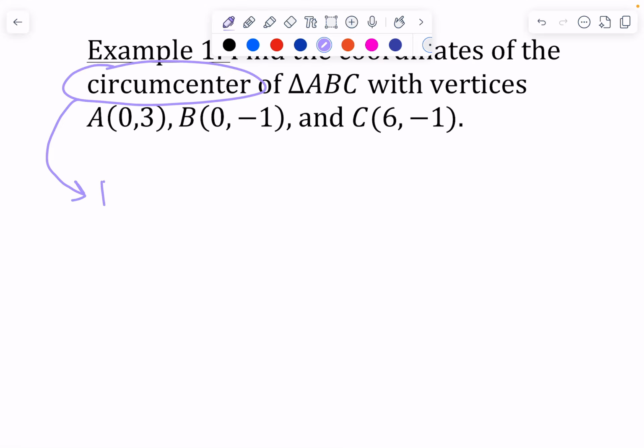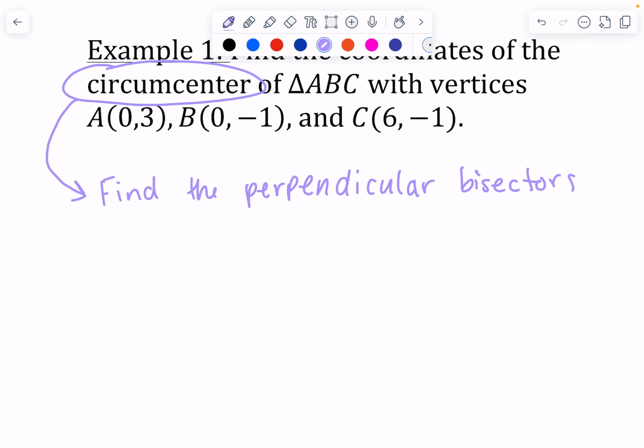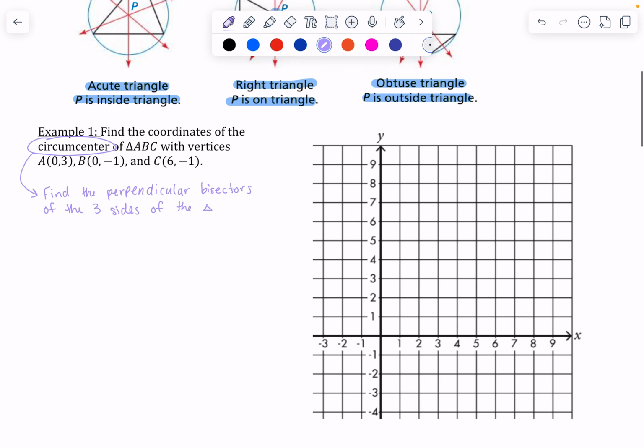I need to find the perpendicular bisectors of the 3 sides of the triangle. Okay, that's what I need to do if I want to find the circumcenter, because where those perpendicular bisectors meet will be the circumcenter. So let's begin just by plotting those points.